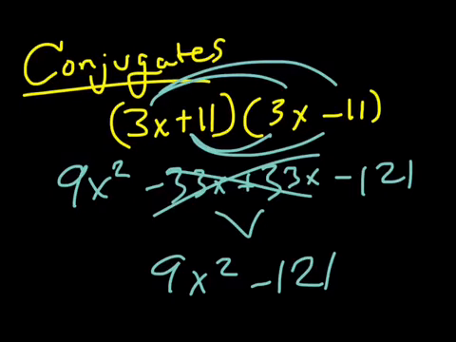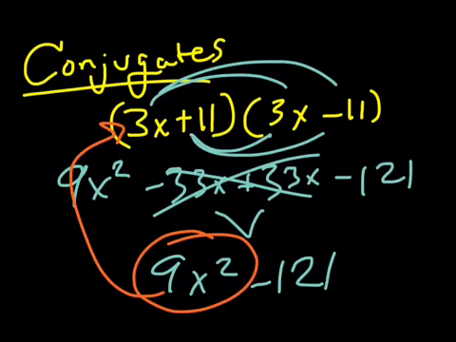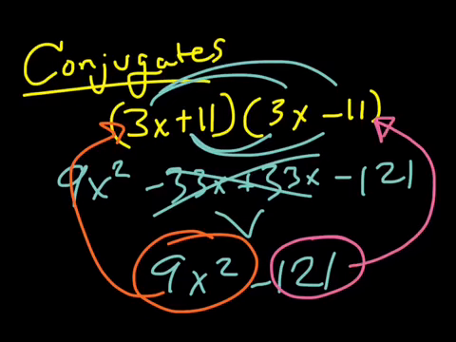So let's look at the patterns that happened here. First of all, we have 9x squared, that is that first term squared, and then we have as well 121. So I know it's minus, but let's just focus on the 121 right now. It's 11 squared. The reason that it's negative is because we have a positive times a negative.